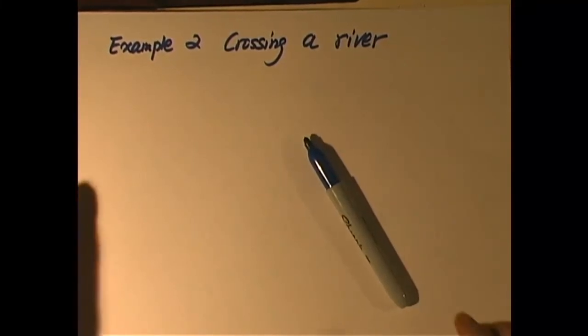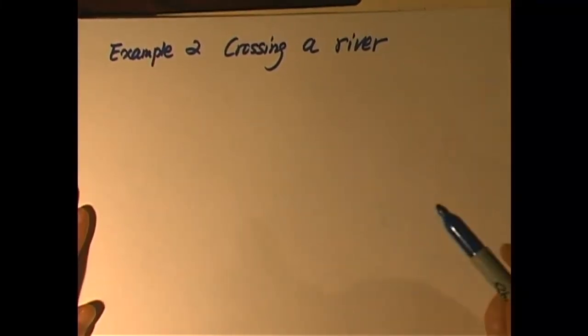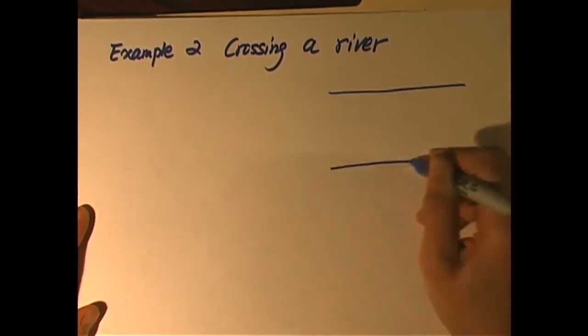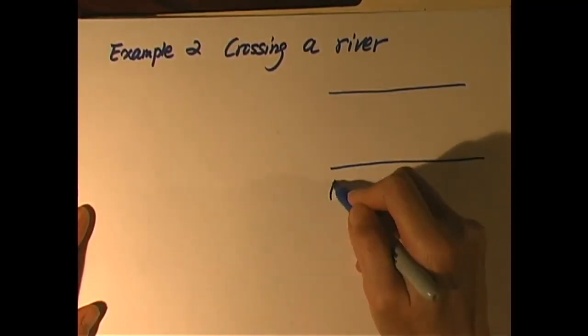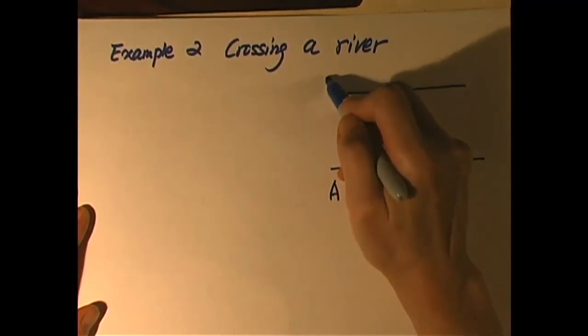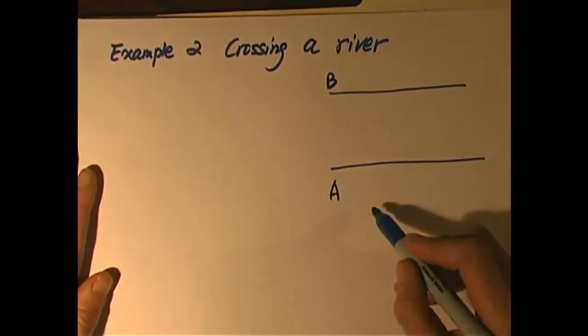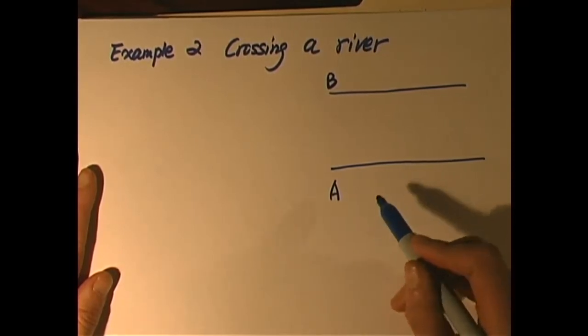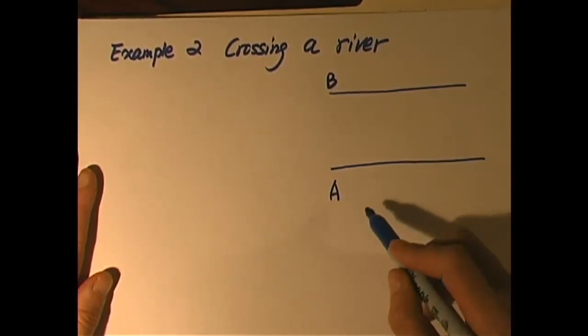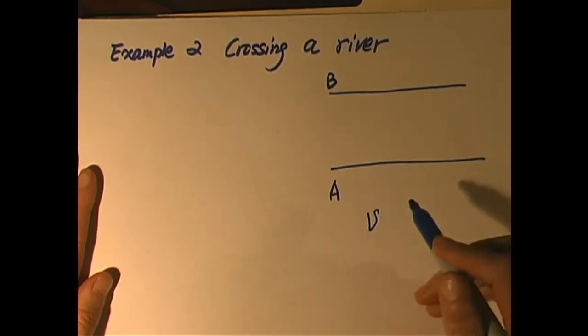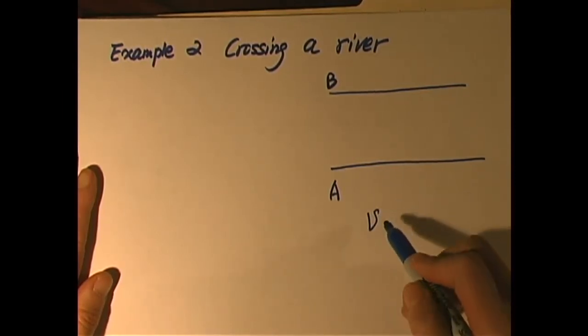Let's look at another example: crossing a river. This is a river, and one side is riverbank A, the other side is riverbank B. If we have a boat, when we buy a boat from a manufacturer, the maximum speed of the boat is usually with respect to still water.